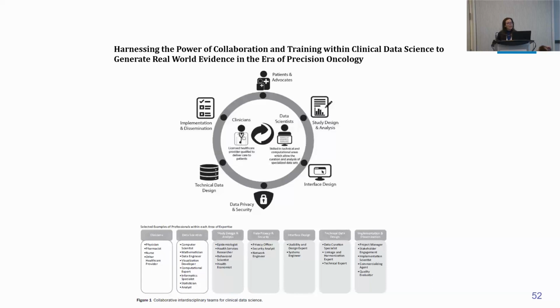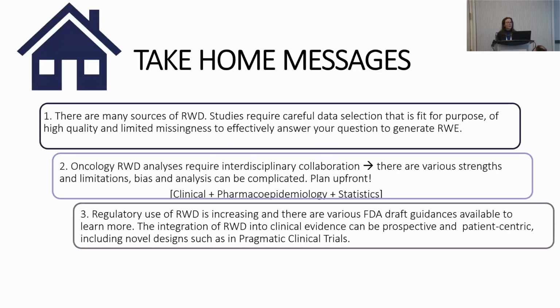And with that, it's important that we're collaborative. So I think at the table, having clinicians, statisticians, epidemiologists involved in your study design is paramount to really creating the most robust real-world data studies in oncology. So there are many sources. Studies require careful data selection for data that's fit for purpose.